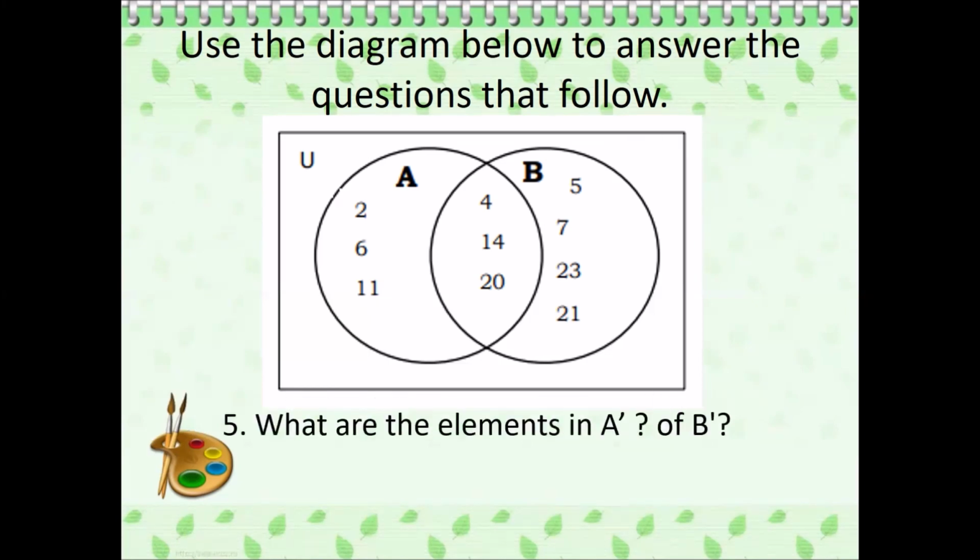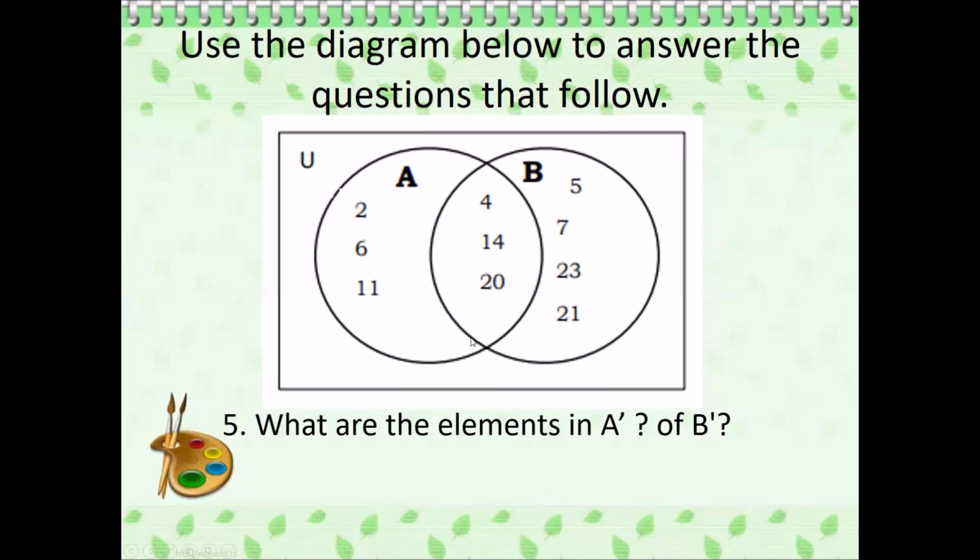What are the elements of complement of A and complement of B? So, understood, ito ang ating set A. Ito ang universal, yung 2, 4, 5, 6, 7, 11, 14, 20, 21, 23.